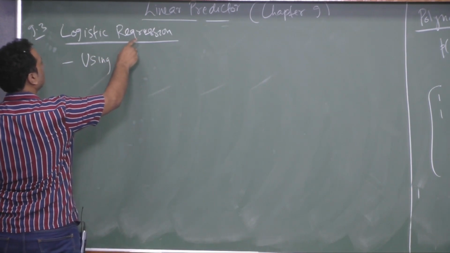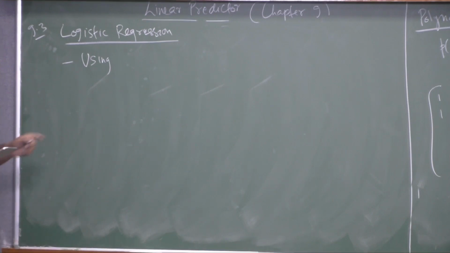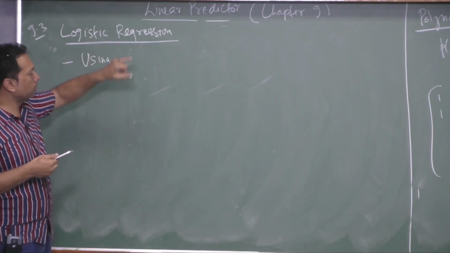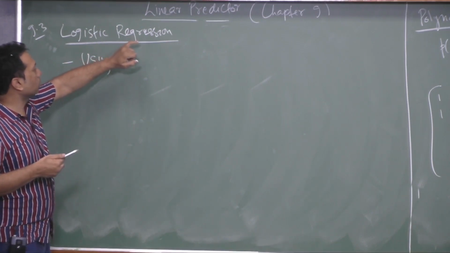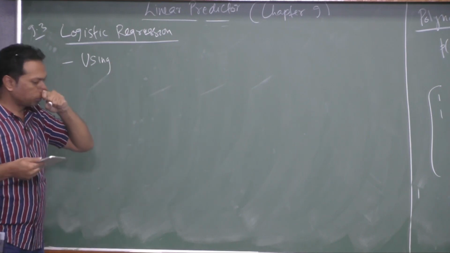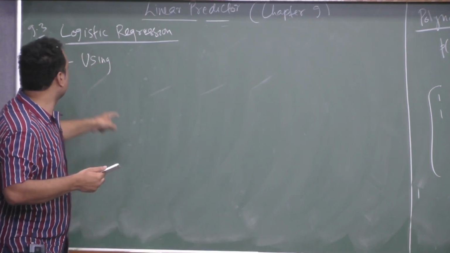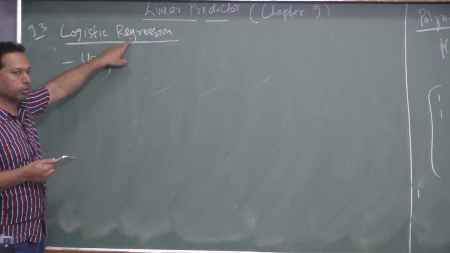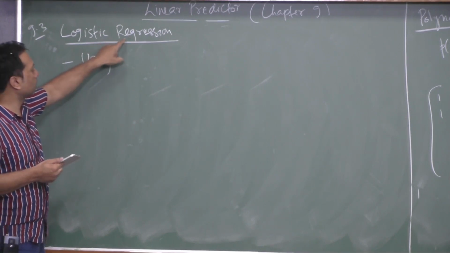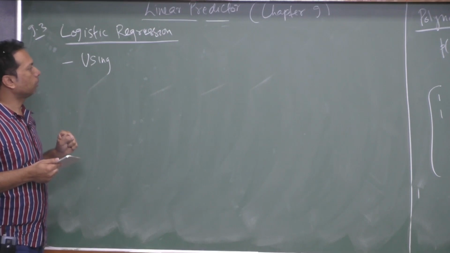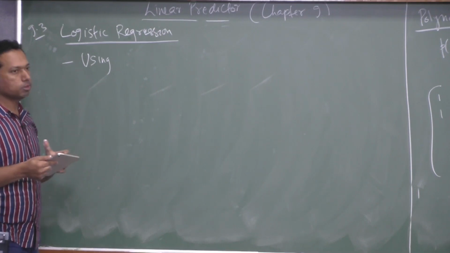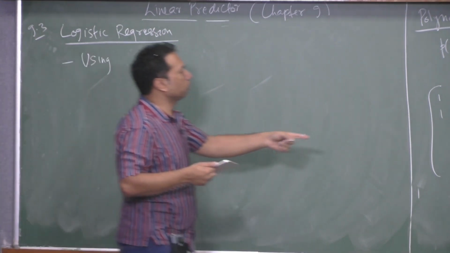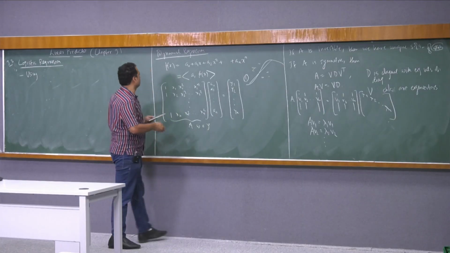There will be a little bit of confusion. In the literature, even people in machine learning recognize this problem with the naming. They call it logistic regression, but it's never about fitting. So you should be a little bit careful. Logistic regression is about classification. But when someone says just regression, then regression means just fitting data.